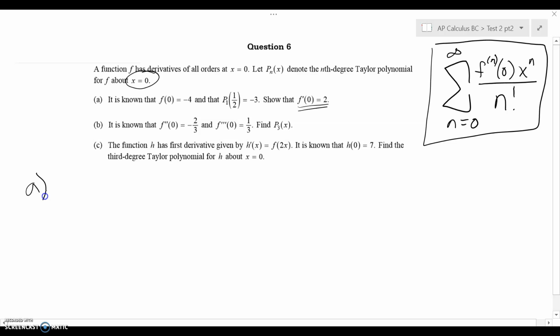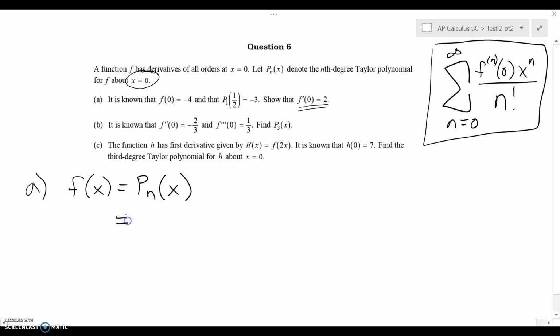So if we're looking at part A, a Taylor expression is saying we have a way to approximate the function. So if we're going to write a Taylor polynomial, we have some Taylor polynomial that approximates the function. So we've got our function defined as f of x, and we know f of 0 is -4. So that is the first term. If you think about plugging in n equals 0 here, that's the 0th derivative evaluated at 0, x to the 0 over 0 factorial, so those are both 1.